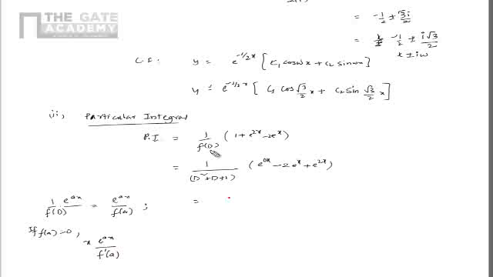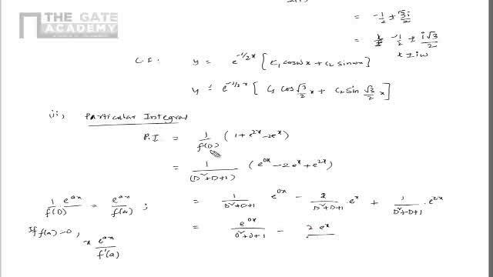So let's take each part separately. Taking 2 common: 1 by D square plus D plus 1 of e power 0x, minus 2 times 1 by D square plus D plus 1 of e power x, plus 1 by D square plus D plus 1 of e power 2x. We substitute 0 in place of D for the first term: e power 0x by 0 square plus 0 plus 1.